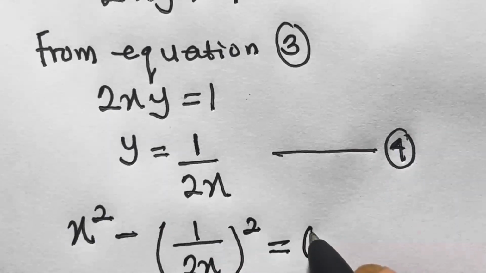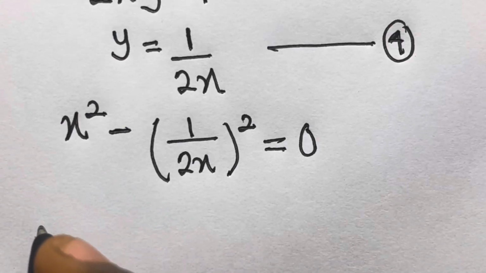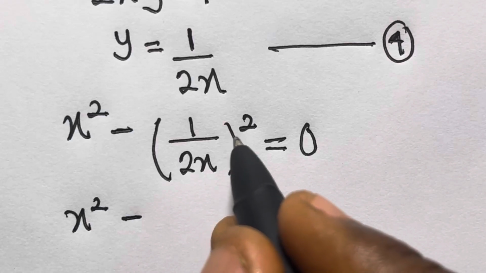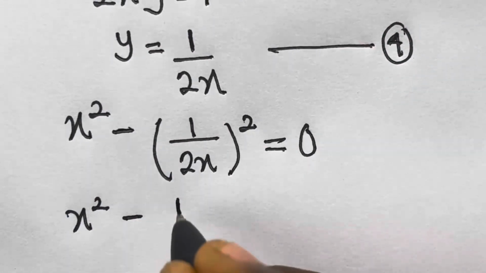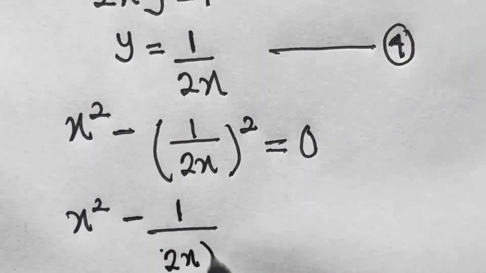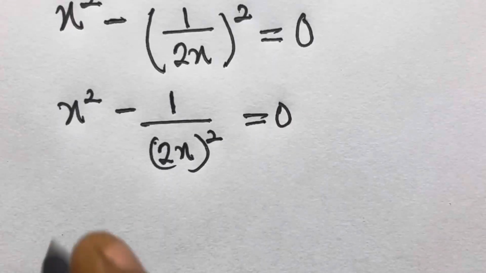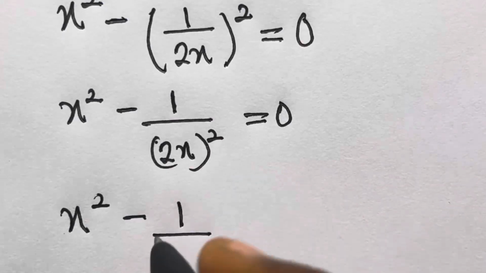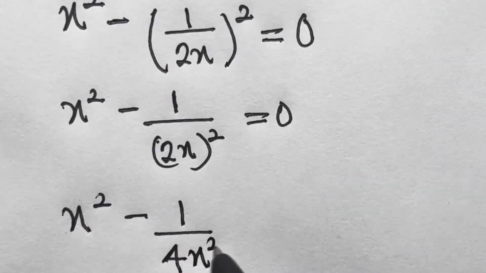Then equals 0. So we will have x squared minus, then you have to distribute this square to both the numerator and denominator. Here we have 1 squared, we have 1 divided by 2x squared equals 0. We will have x squared minus 1 divided by 2 squared, 2 squared will give us 4, and x squared will give us x squared.